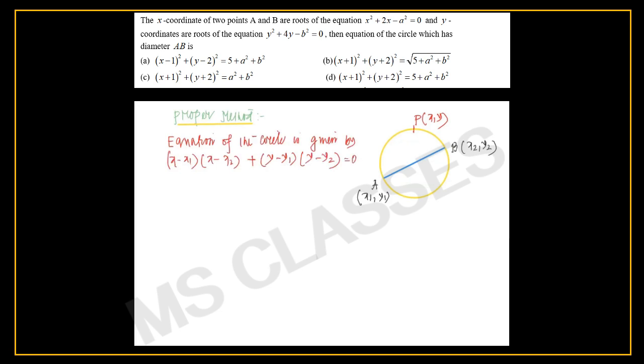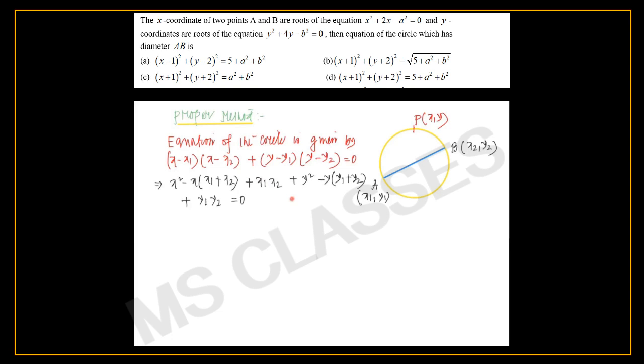Now, if we simplify this expression, then what we get? It is x square minus x into x1 plus x2 plus x1 x2 plus y square minus y into y1 plus y2 plus y1 y2 equal to 0. So this is what we have got.